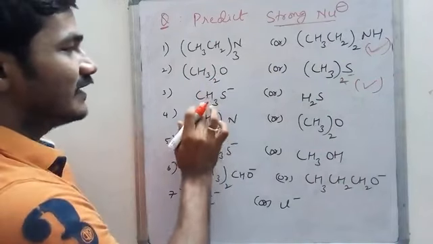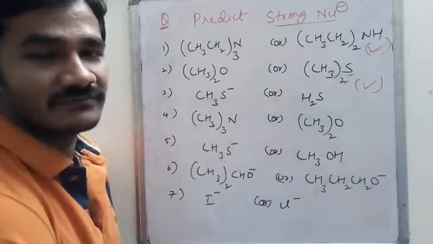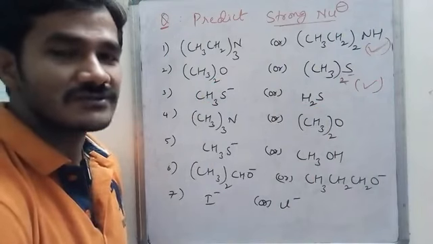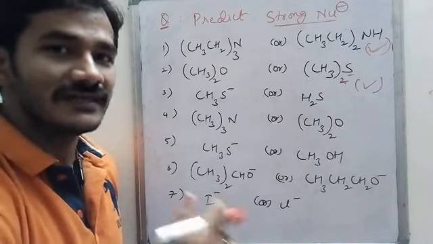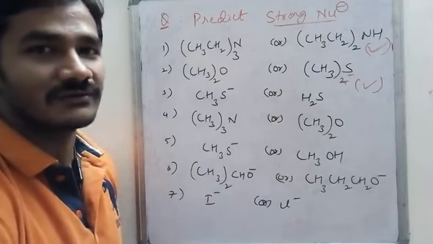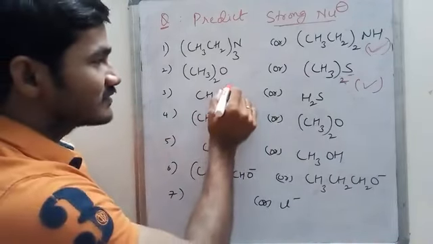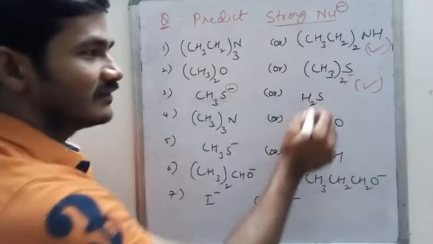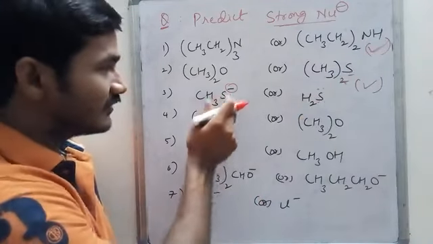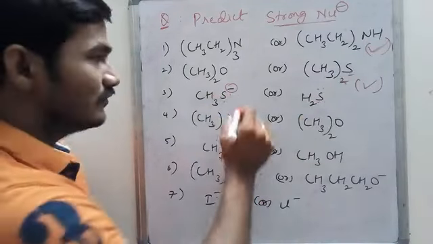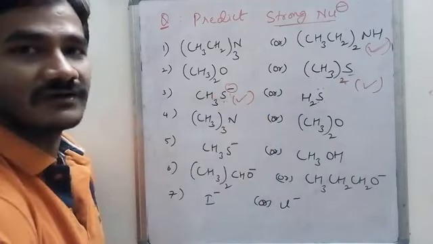Next, dimethyl sulfide and hydrogen sulfide. I already told you negatively charged species are strong nucleophiles, then the similar neutral molecules. So comparing to H2S, CH3S minus is more nucleophilic. Why? It has a negative charge as well as a lone pair of electrons, whereas the other has only a lone pair. So it is said to be a strong nucleophile.